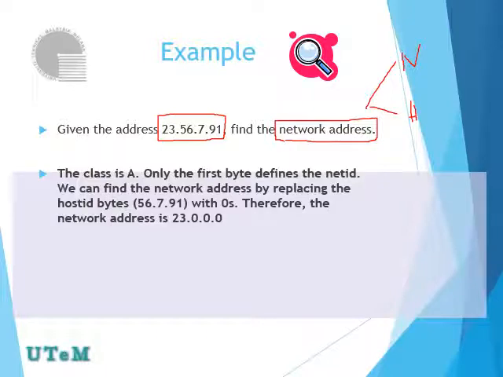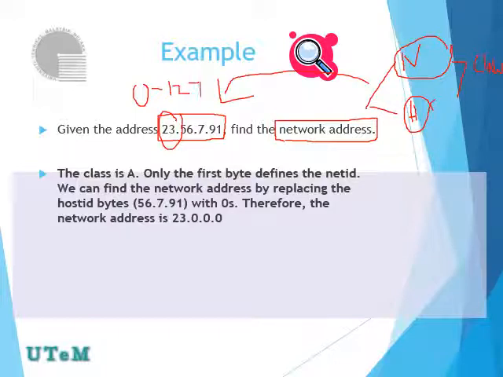To do that, you first need to identify the class of the address. So first you identify the class. 23 is within 0 to 127, so this is class A.